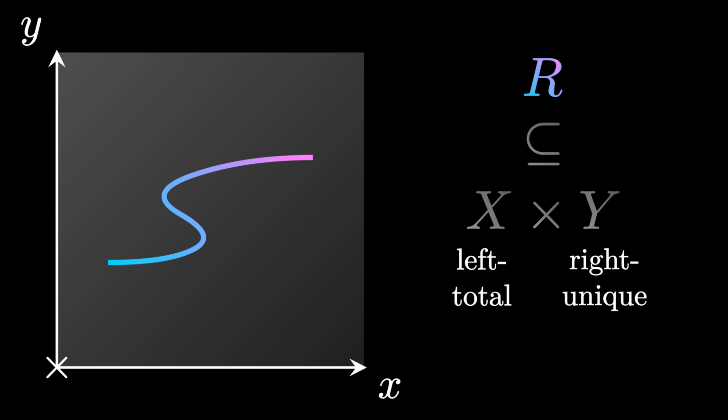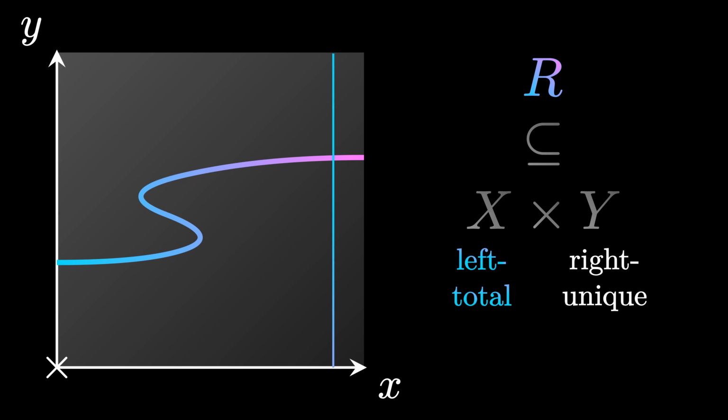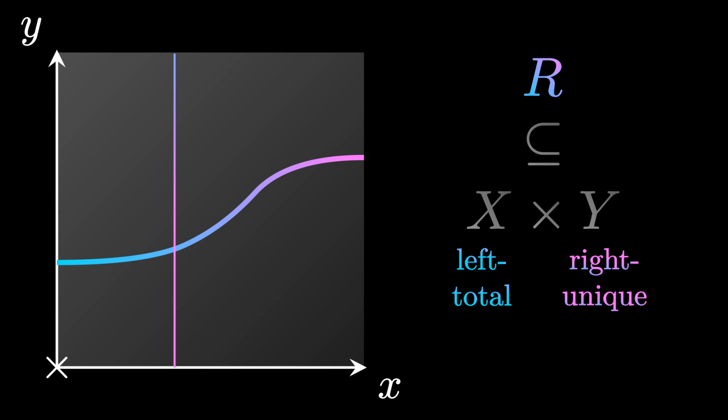This curve, for example, is not left total because not every x has at least one y. If the curve extended over the entire area, we would have a left total relation. But it wouldn't be right unique because not every x has at most one y. In this form, however, it is. In other words, the set of all pairs of this curve is a function.